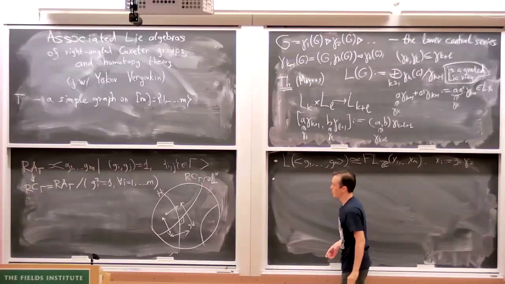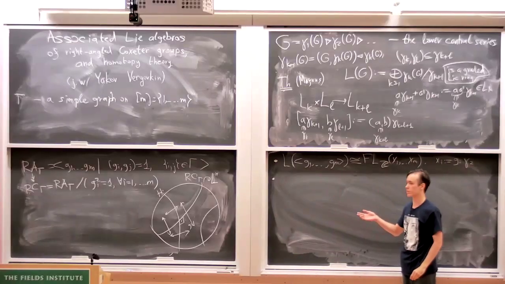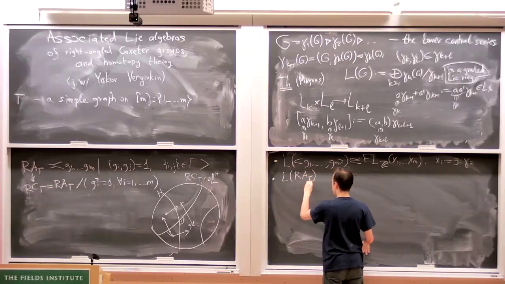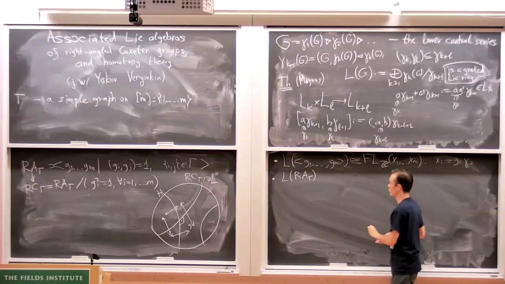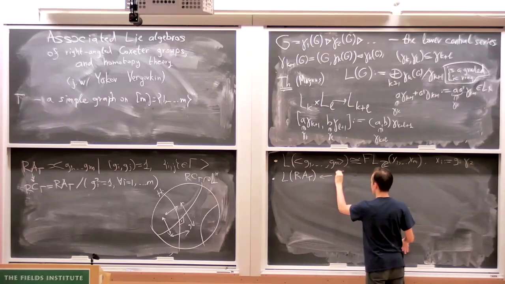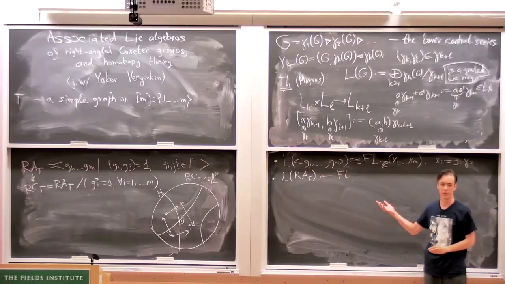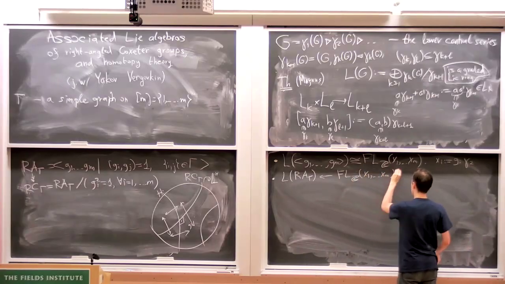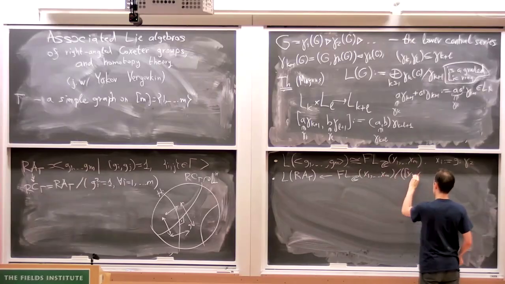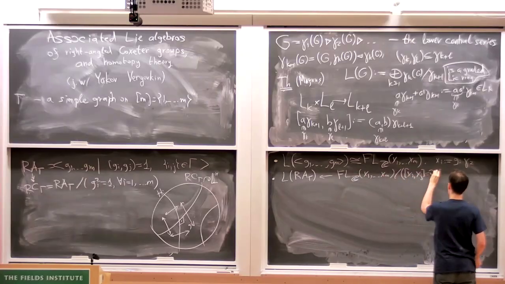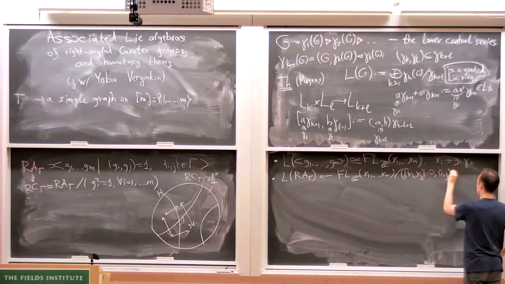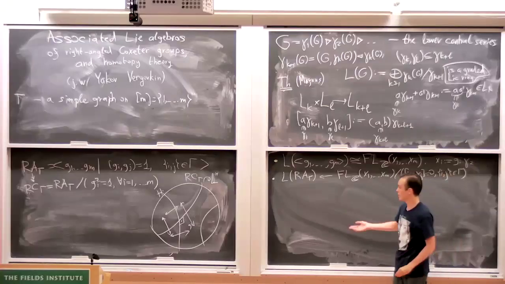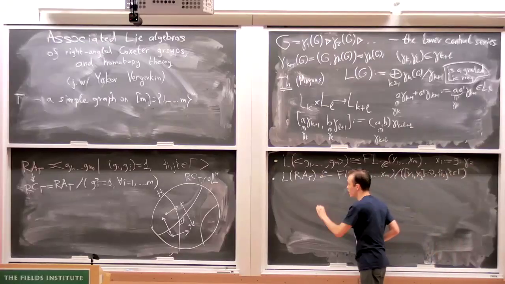We can also study the Lie ring corresponding to right-angled Artin groups, which are free partially commutative groups. So it would be a natural guess that here we should have the free partially commutative Lie algebra corresponding to the same graph. It is easy to check that this map is actually well defined, and in fact, it is an isomorphism.